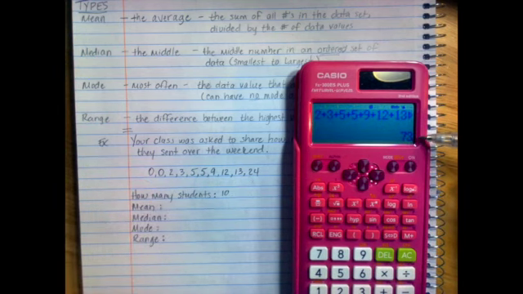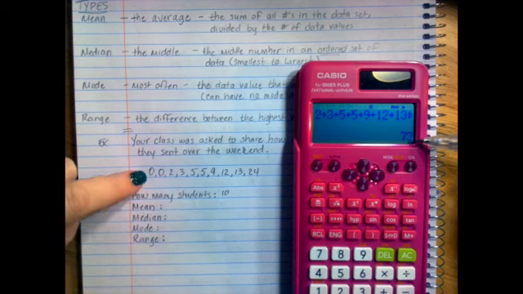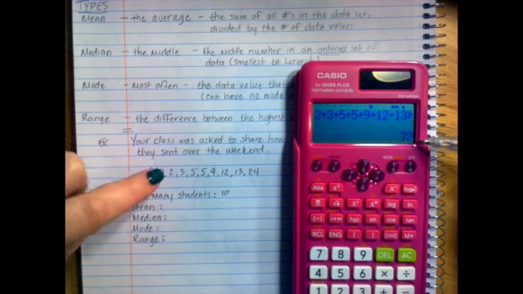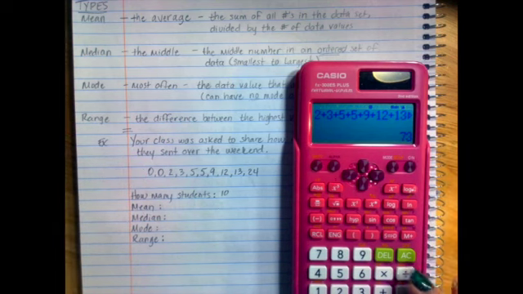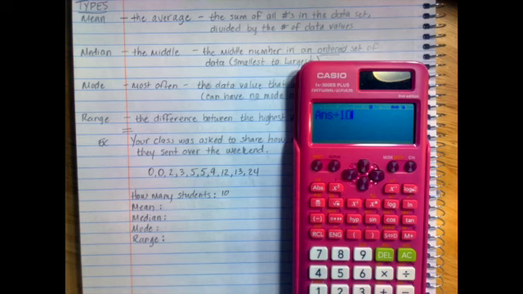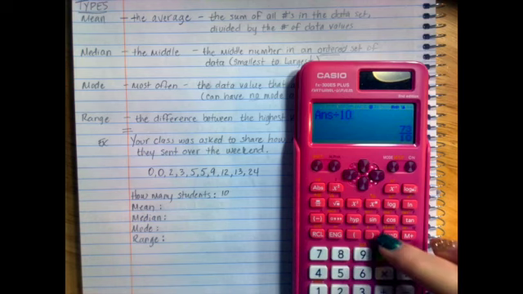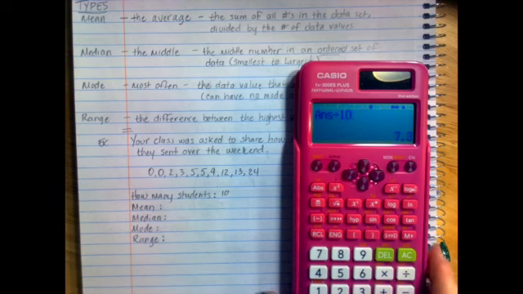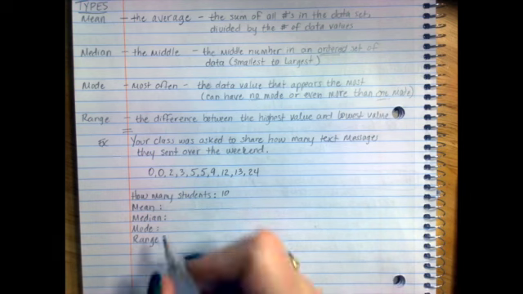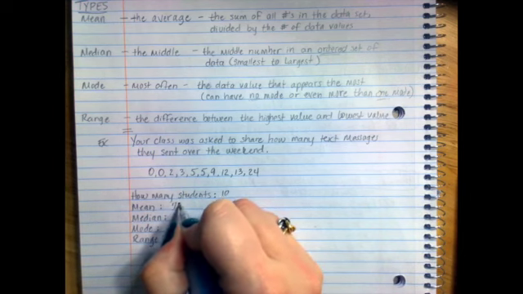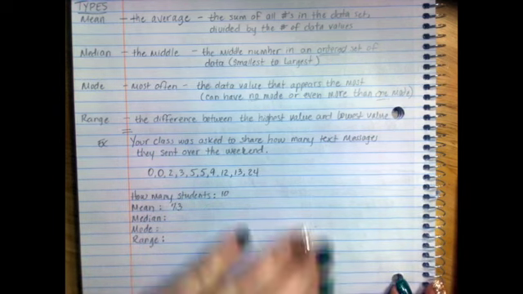However, when I divide by the number of students that were asked, it has to be 10, because 2 people said 0. So we divide by 10 and we get 7.3. My average is 7.3 text messages.